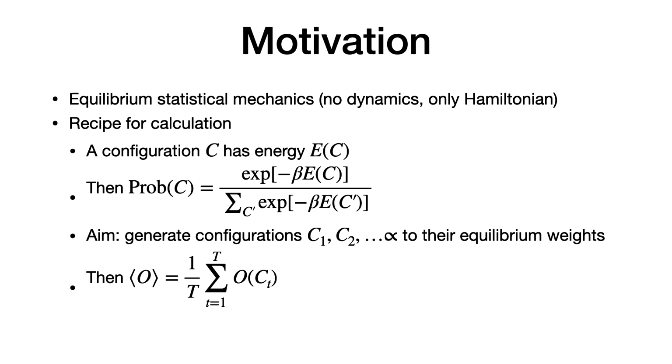So if I could run a computer simulation in which these configurations are generated, but they are generated not equally, but according to this probability, then all I have to do is, for each configuration I measure an observable, for example magnetization, I sum over them and divide by T, and I can measure all observables like that. So the aim is to generate configurations according to the equilibrium weights. So this is one motivation: our simulations should satisfy this criterion.